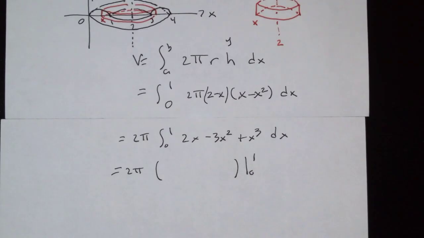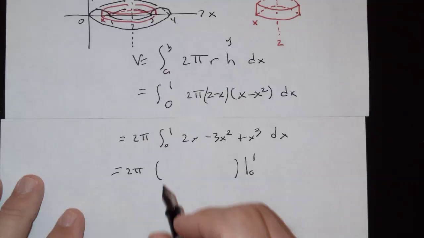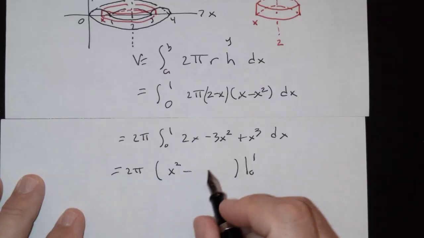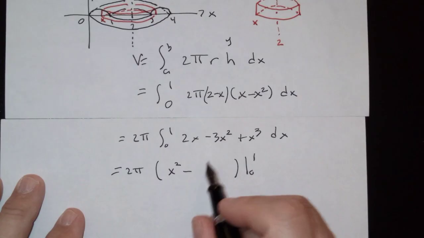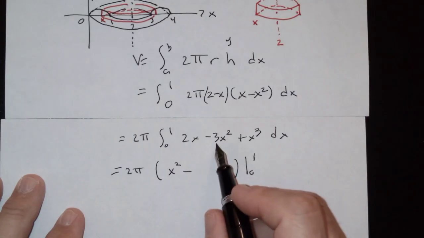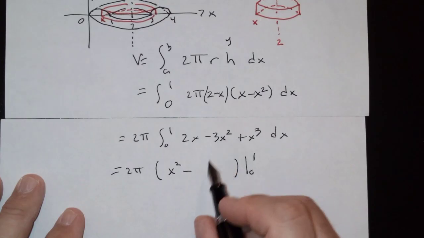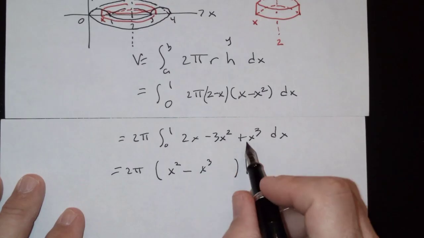Antiderivative of 2x. Antiderivative of 3x squared. That's what I've got here, right? Antiderivative of x cubed.